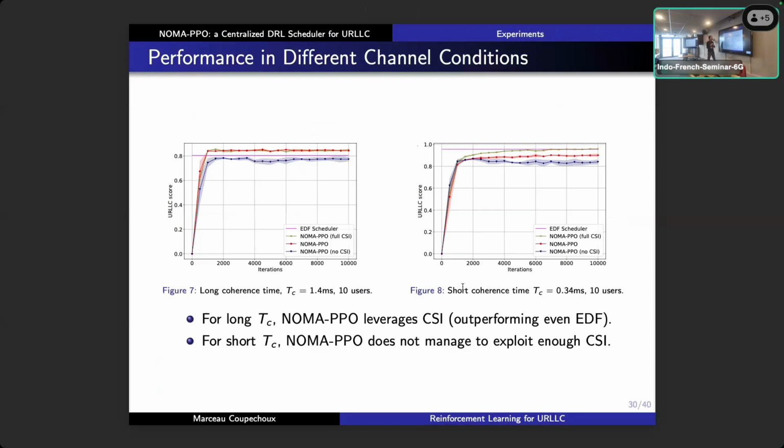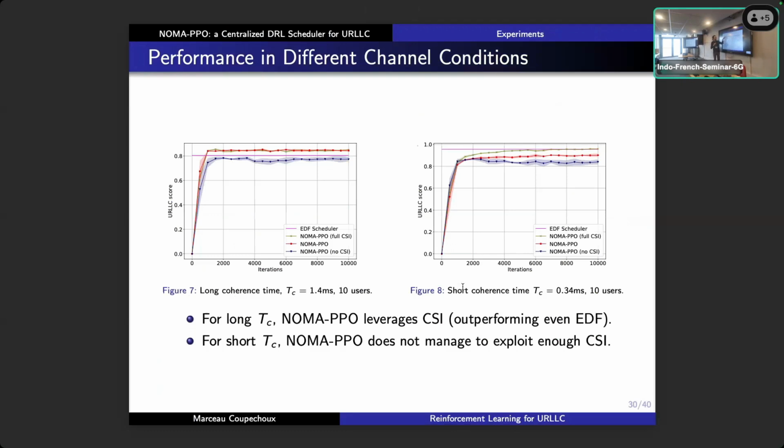Something I wanted to show you also is the influence of the coherence time. We have two convergence curves of the URLLC score shown here. On the left, you have the long coherence time, and here you have a short coherence time. If you have a long coherence time, you have time to learn the channel. We have compared NOMA PPO with no CSI, EDF, and NOMA PPO with full CSI.